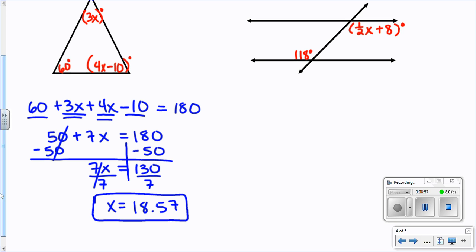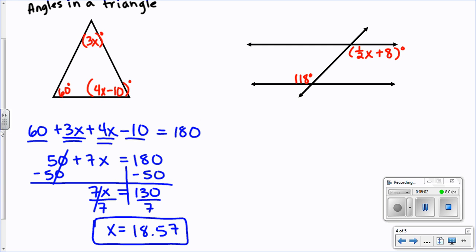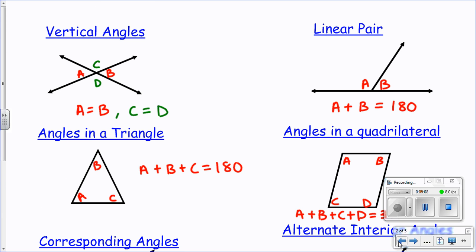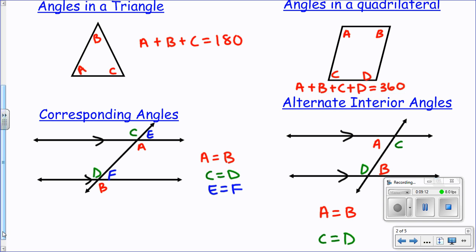And in this last example, I might have to go back to my notes to look to see what these are. So I see I have parallel lines. So I'm looking here at these bottom two. It's either going to be corresponding angles or alternate interior angles.